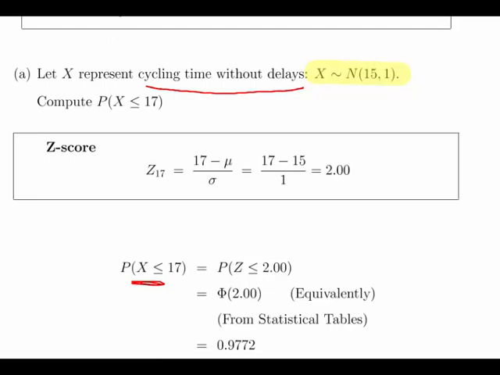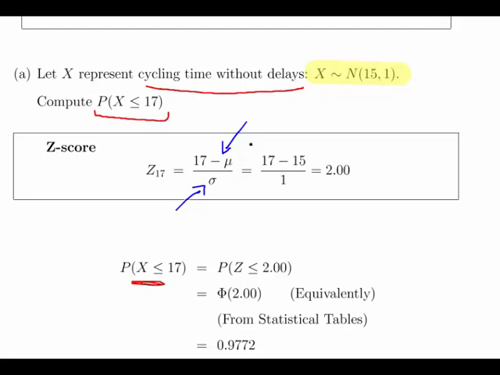So what is the probability of the journey time being less than 17 minutes, or no more than 17 minutes? That's the probability of x less than or equal to 17. In the normal distribution, what you would do with nearly all these questions is calculate a z-score or use the z-score formula in some way, shape or form.